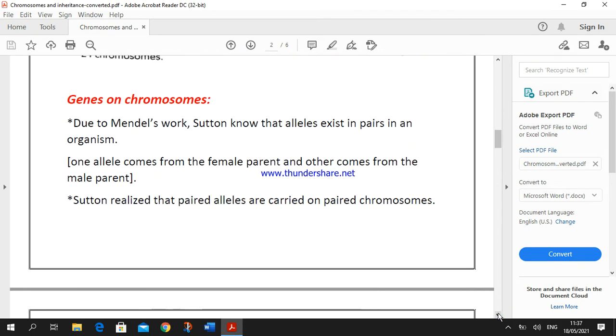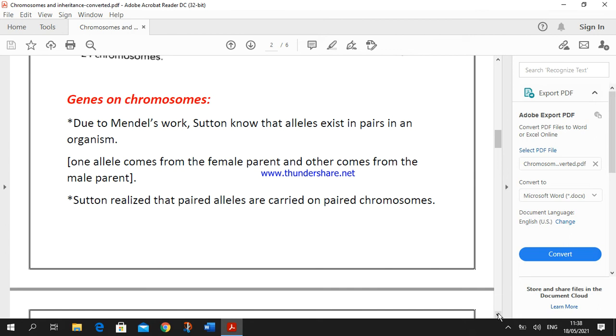Due to Mendel's work, Sutton knew that alleles also exist in pairs in an organism, and one allele comes from the female parent and the other from the male parent.